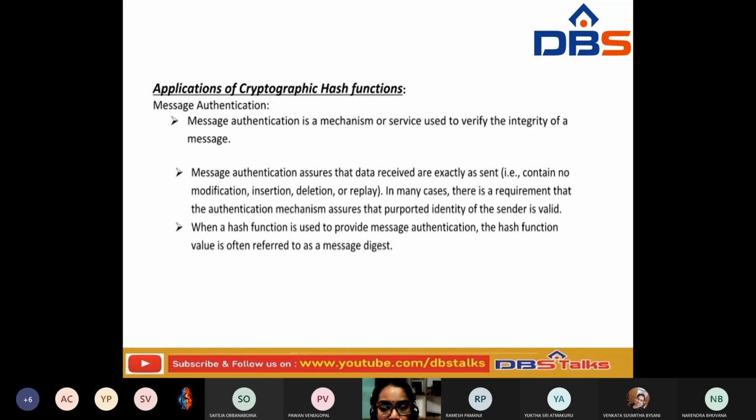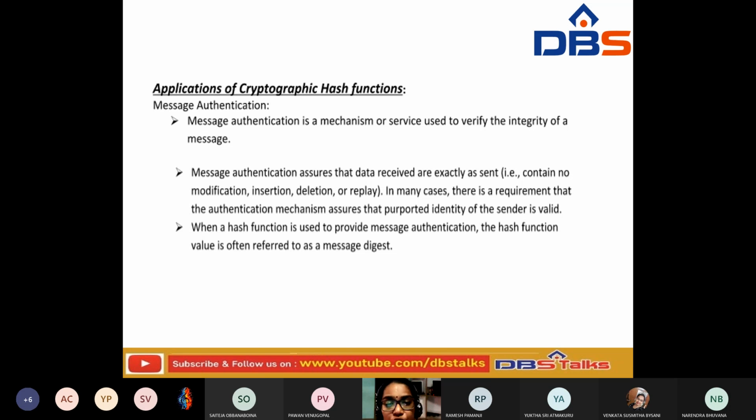We should not modify, insert into, delete from, or reuse that data. Because of these multiple cases, the authentication mechanism must also ensure that the identity of the sender is valid. We have to say that the sender is a valid person.